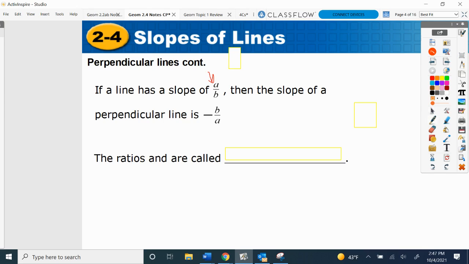Take a look at what happened. First, it went from a positive slope to a negative slope. And our numerator and denominator got reversed, they got flipped. When that happens, we call those fractions for perpendicular lines negative reciprocals.